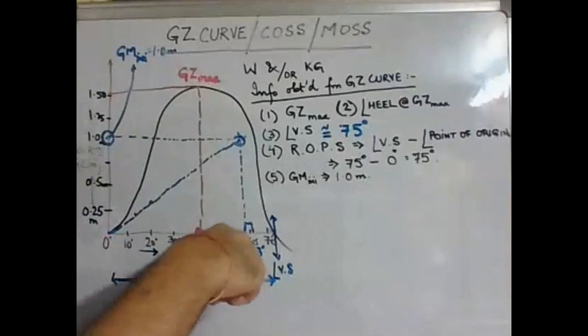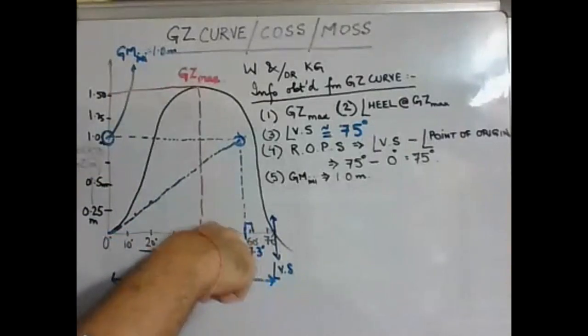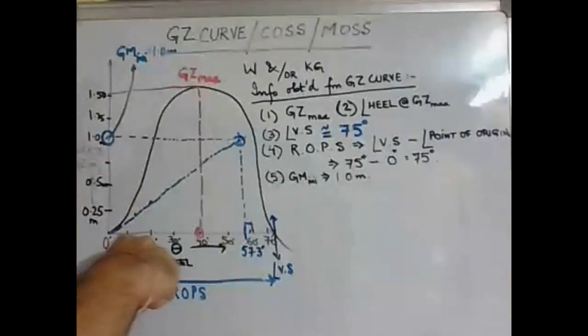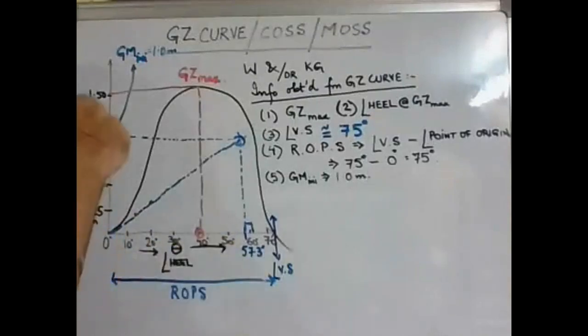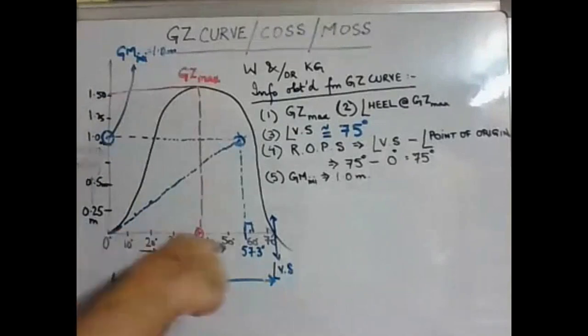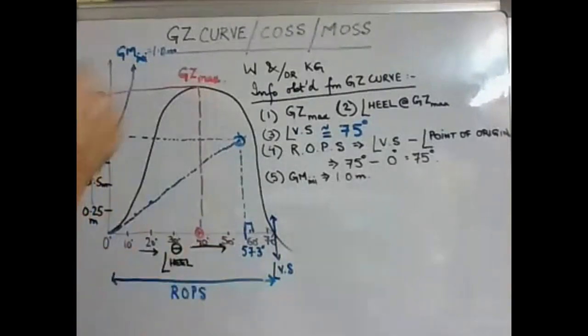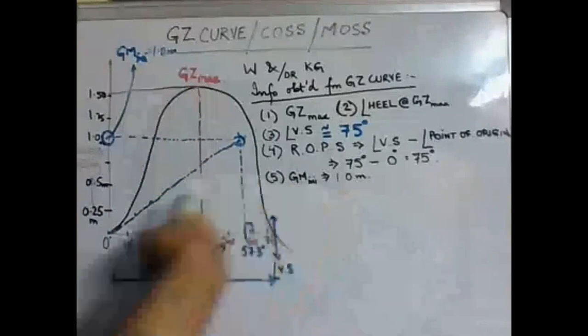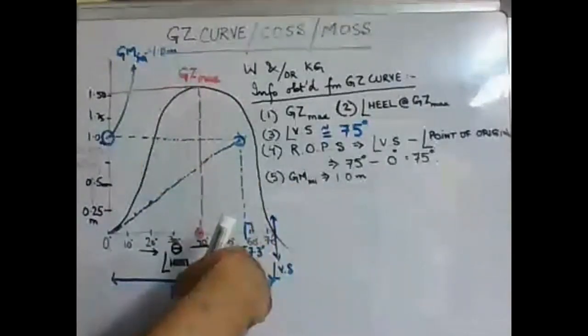Why 57.3 degrees? Because my y-axis is in meters, my x-axis is in degrees. I need to convert the degrees to radian.